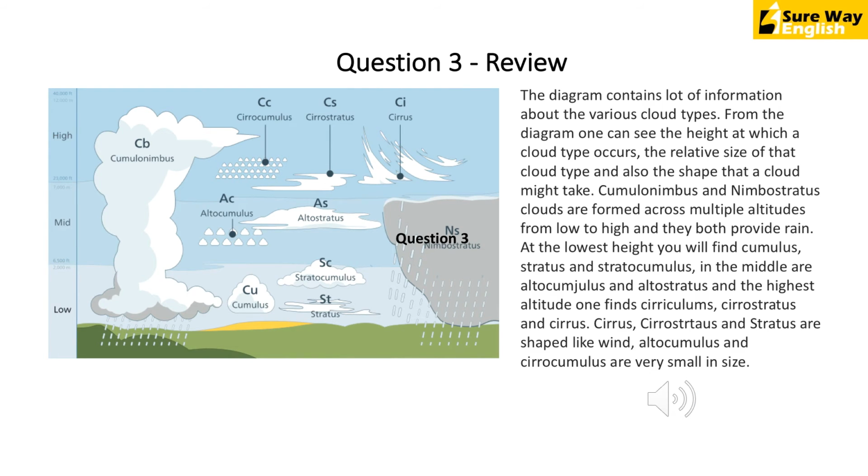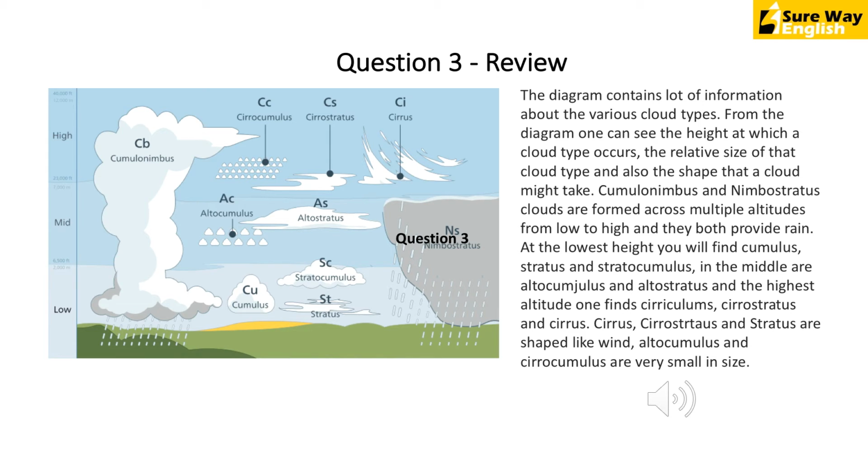Here we are. The diagram contains a lot of information about the various cloud types. From the diagram, one can see the height at which a cloud type occurs, the relative size of that cloud type, and also the shape that a cloud might take. Cumulonimbus and nimbostratus clouds are formed across multiple altitudes from low to high, and they both provide rain.